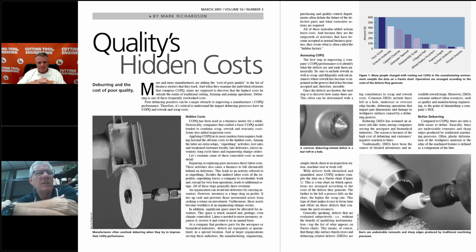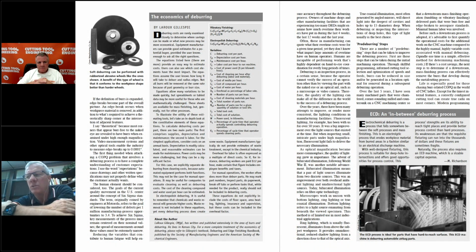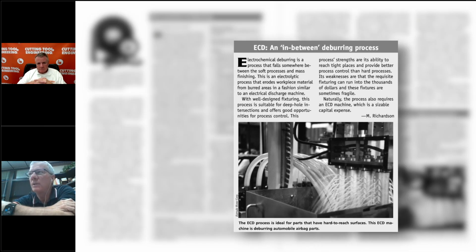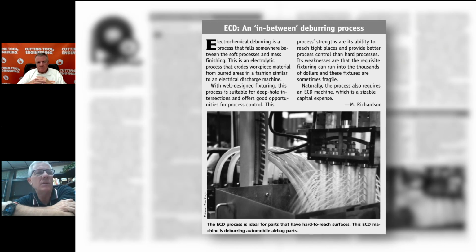There's a lot of aerospace companies that have used ECD type deburring, which is a manual process, but you're using electrical charge to help deburr very difficult parts. So I wanted to throw that out there as also something that I've seen and I've had a little bit of exposure to, that I would say should be mentioned as well.